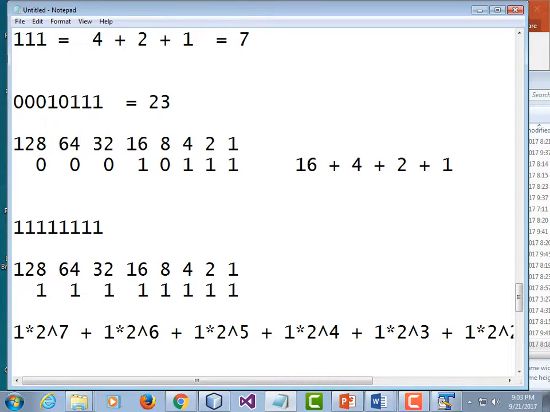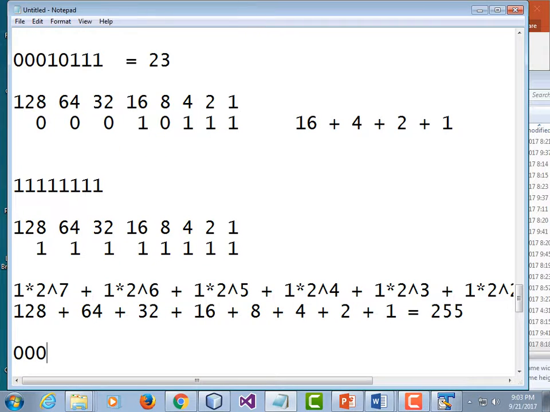So in other words, it's a 128 plus a 64 plus a 32 plus a 16 plus an 8 plus a 4 plus a 2 plus a 1. Now, do we have any math gurus who already know what that is? You probably don't. Yeah, you could whip out a calculator, but it's 255.